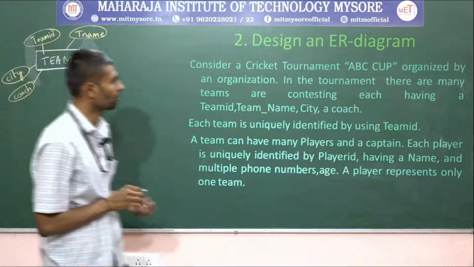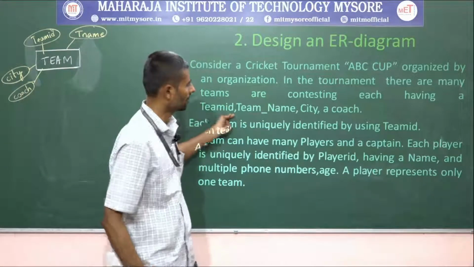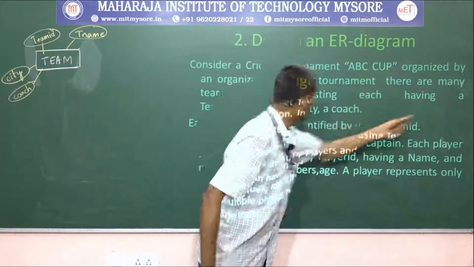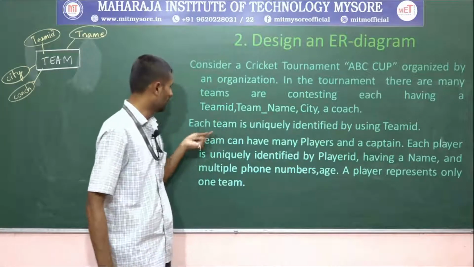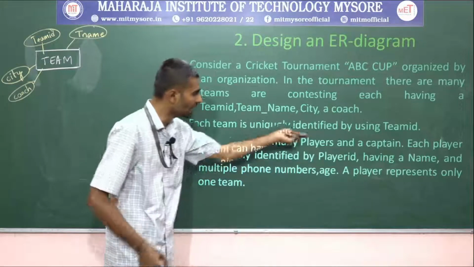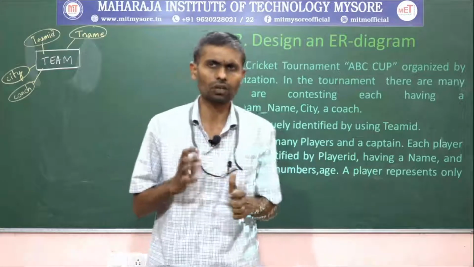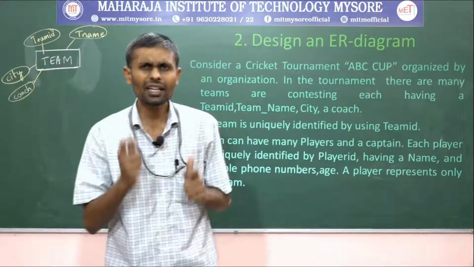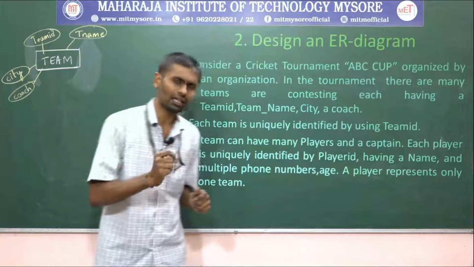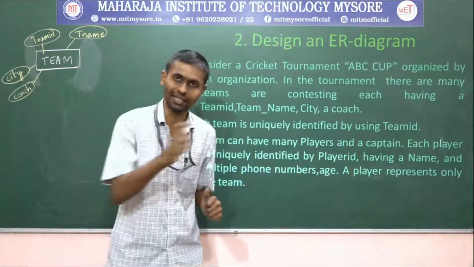Fine. And one more interesting thing we can observe at this point is, look at the next line, each team is uniquely identified by using team ID. Each team is identified based on what? Team ID. It's an indication that we have to make this team ID a key attribute of the team entity type.